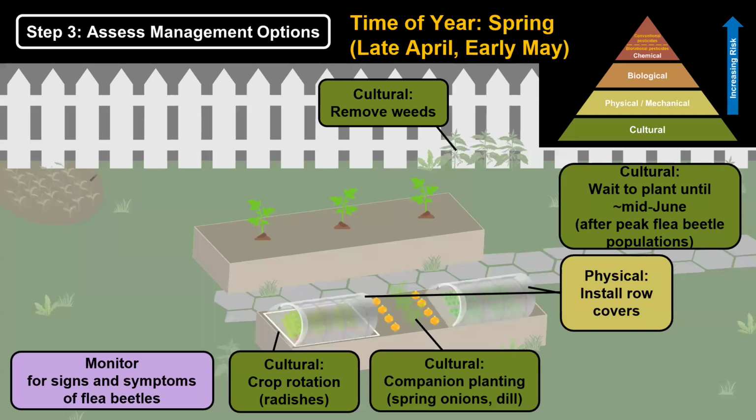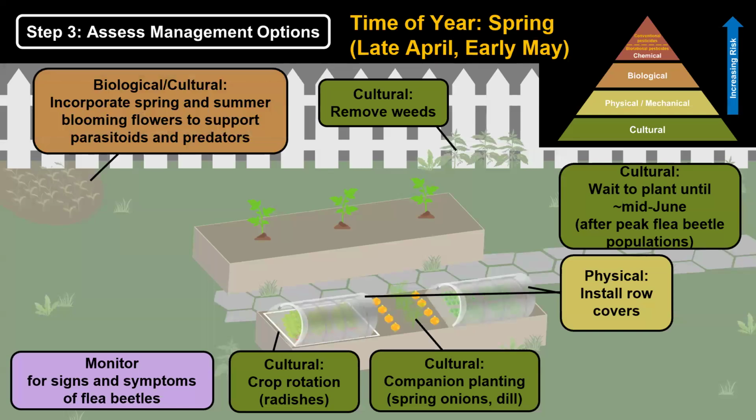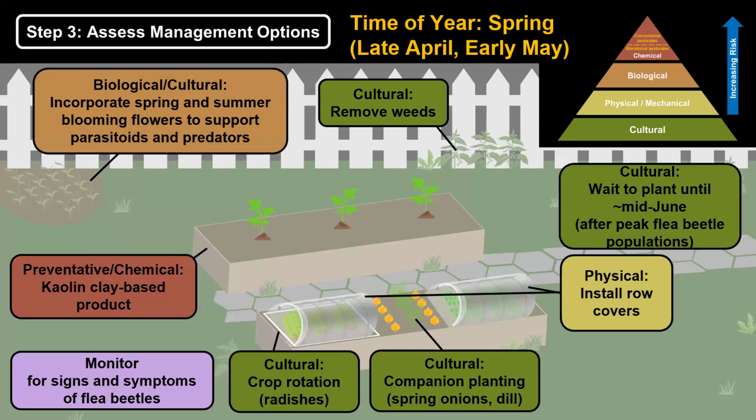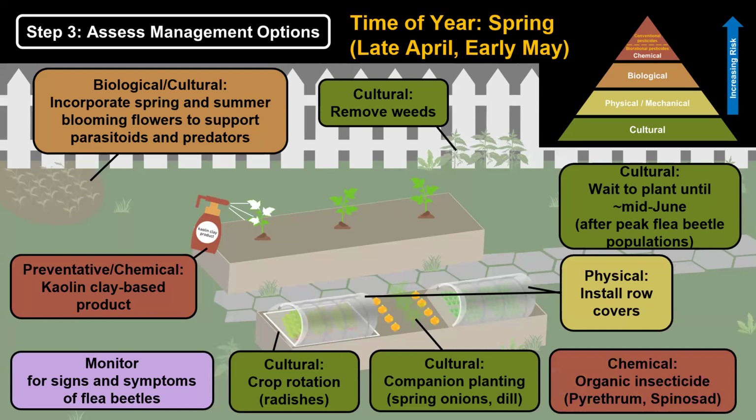Thinking about row covers in the spring, thinking about incorporating more blooming plants. If we're thinking about chemical-based options, we have some products such as kaolin clay product. But just some examples, last resorts thinking about our chemical options.